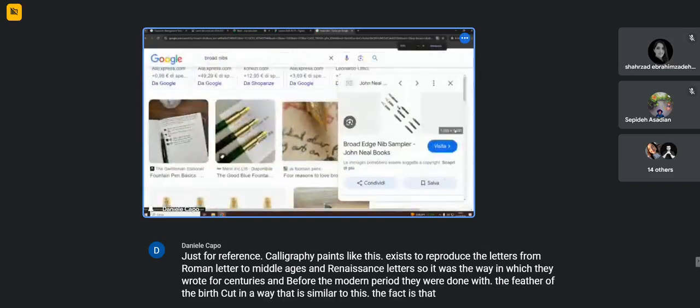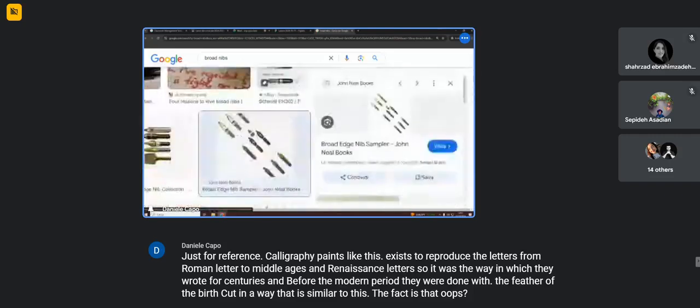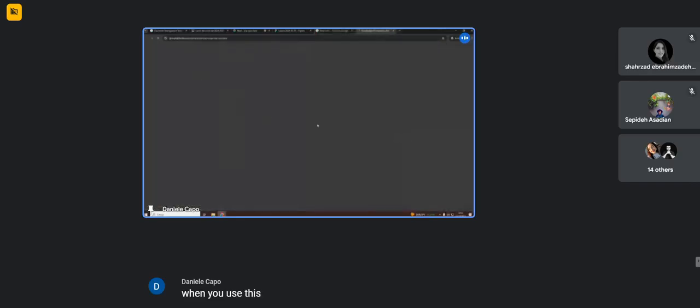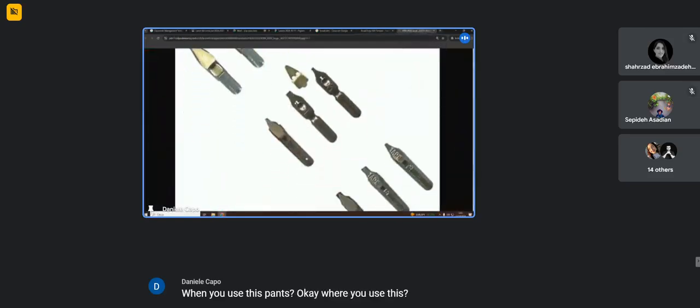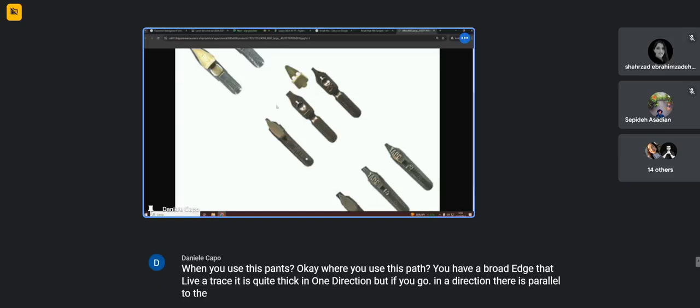When you use these pens, you have a broad edge that leaves a trace that is quite thick in one direction, but if you go in a direction that is parallel to the cut, you have a very thin line if you are good at using the pen.